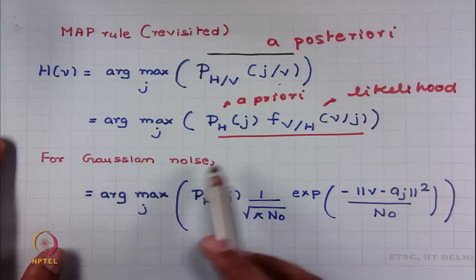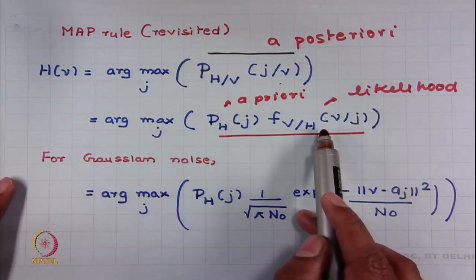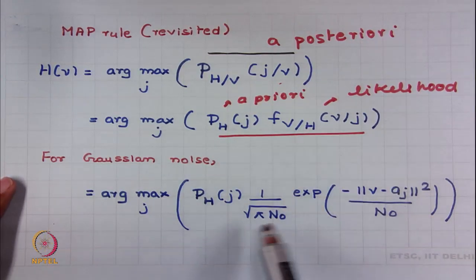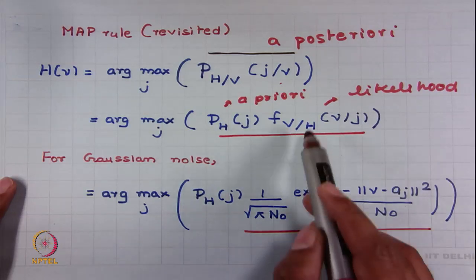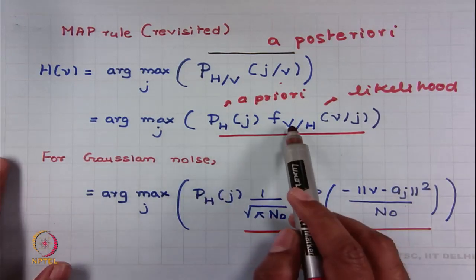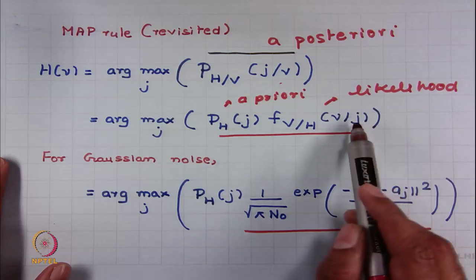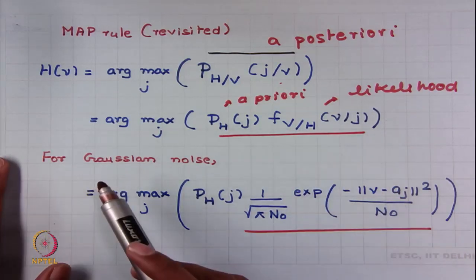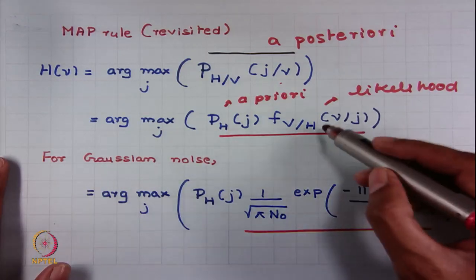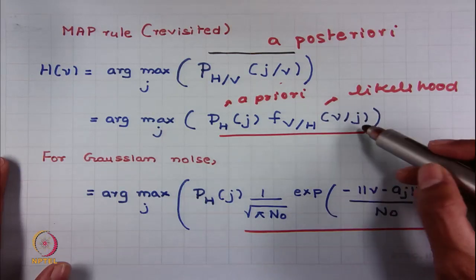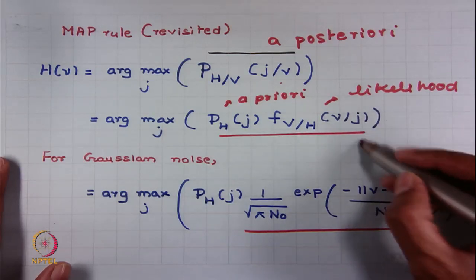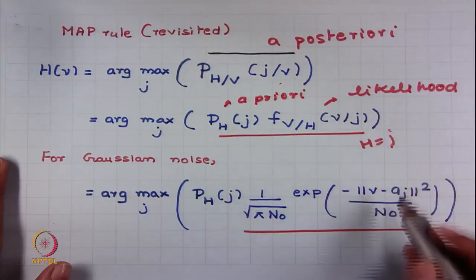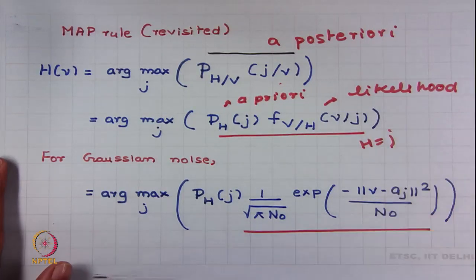And for Gaussian noise, we also know what this likelihood is. So, I can simply substitute the probability density function of this random variable V given a hypothesis H is transmitted, and let us assume that when the hypothesis H is J, then the symbol value is Aj.